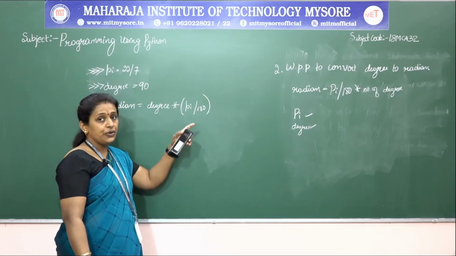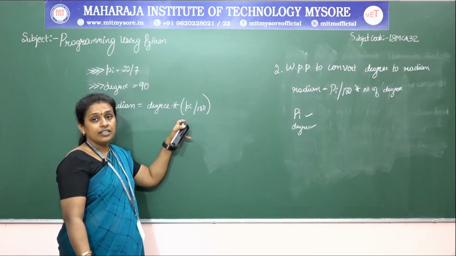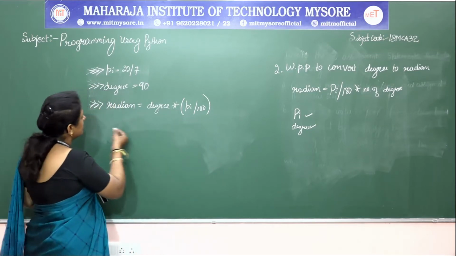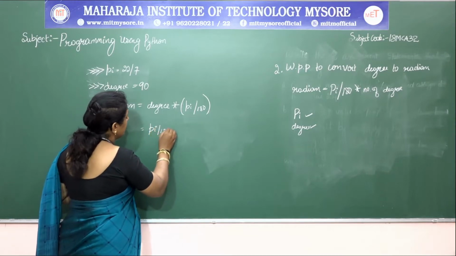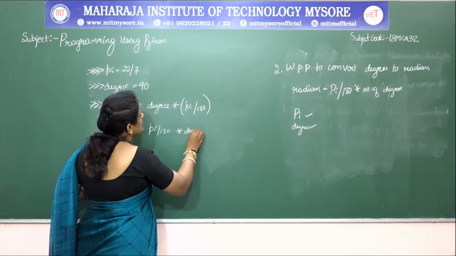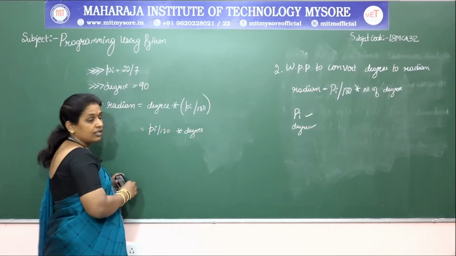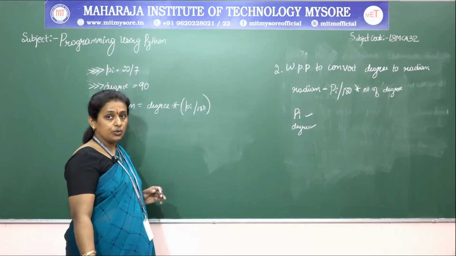So when executed, it will be evaluated from left to right. So I have written it like this, or else you can write pi divided by 180 multiplied by degree. But with respect to programming, I will use this method only.